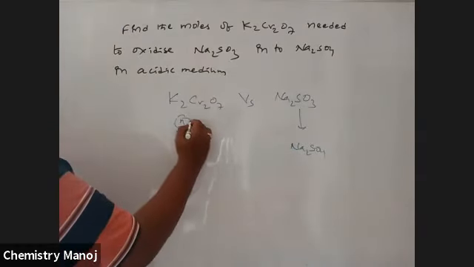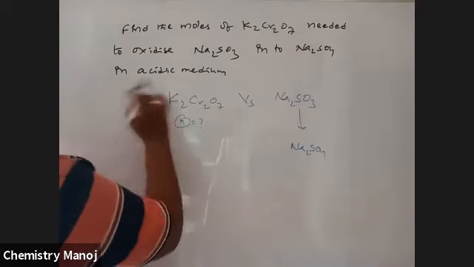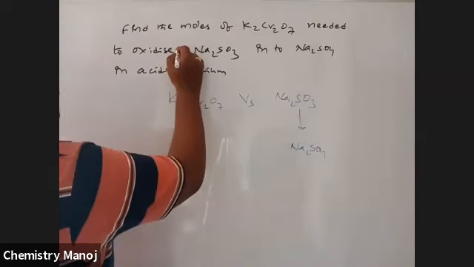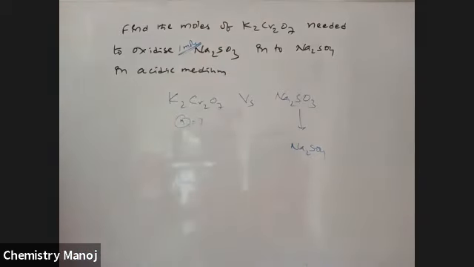Now, how many moles of this one is required? To oxidize, here 1 mole of Na2SO3 is needed. The answer is 1 mole.